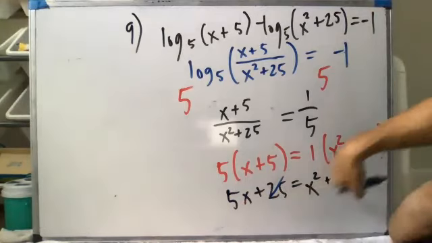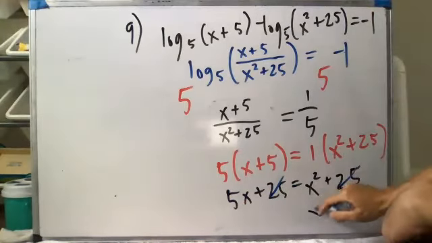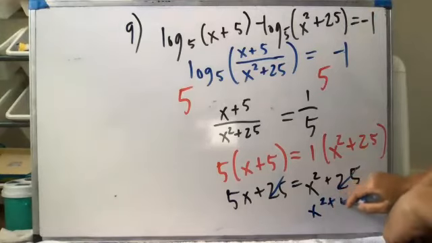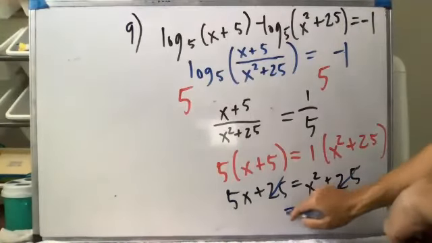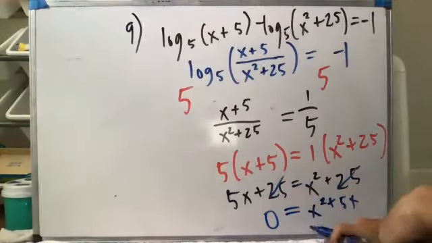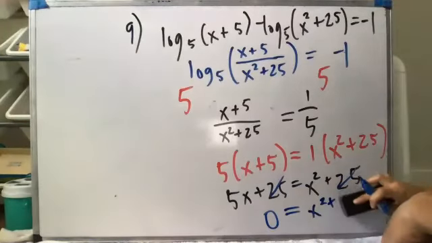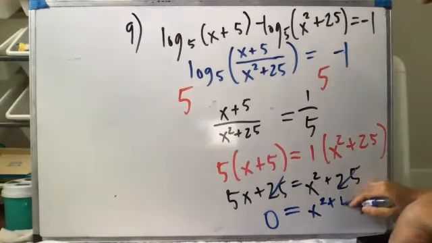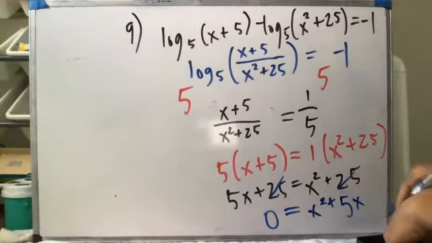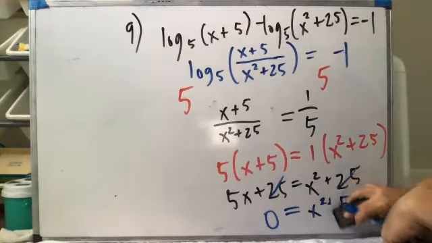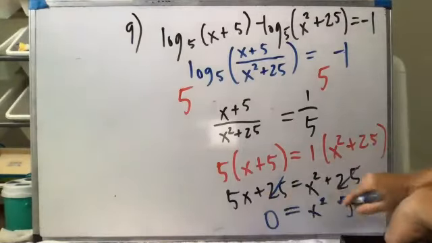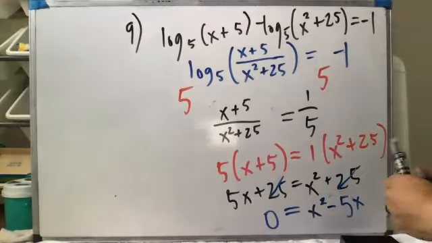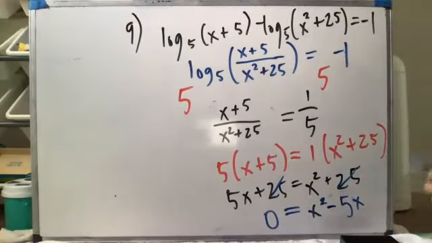And then I can just subtract 5x on both sides. Oh, I'm sorry, that should be minus 5x. Subtract 5x on both sides: x squared minus 5x is equal to 0.